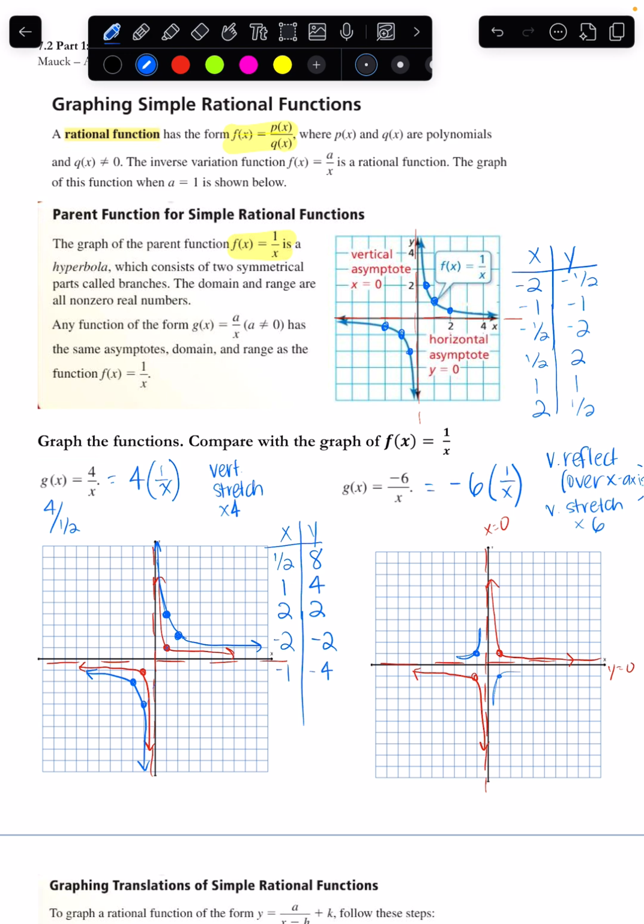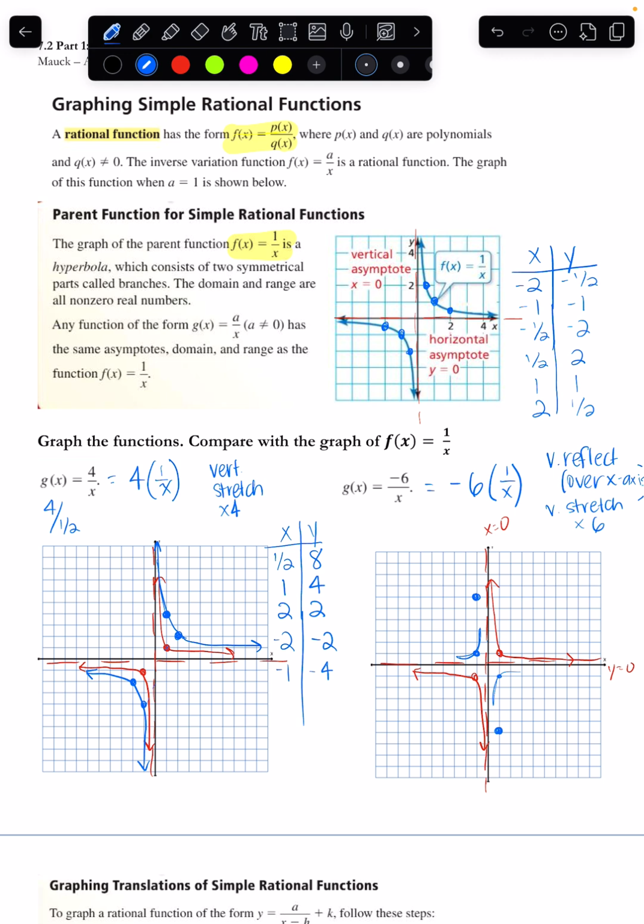But I'm also having to stretch this by a factor of 6 vertically. So instead of being at -1, 1, that point is now going to be at -1, 6. So 2, 4, 6 right here. And then same thing happening on the other side. 2, 4, 6.